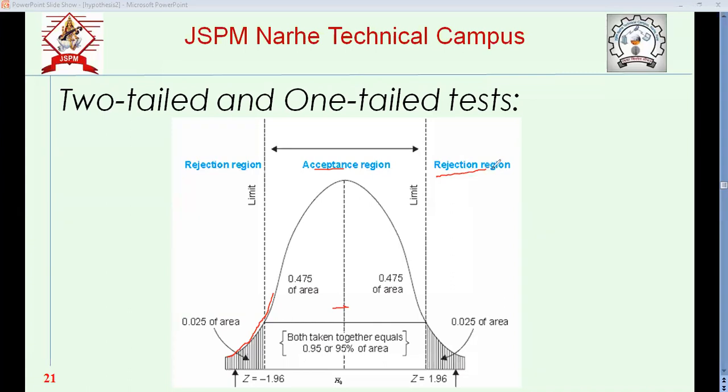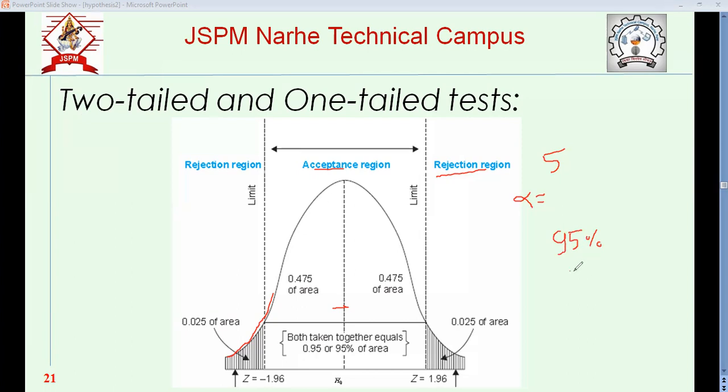Like, suppose, as I also mentioned last time, our alpha level of significance is 5%. What it means is that there is a 95% chance that the sample lot will be accepted. So how to mark this 95%?